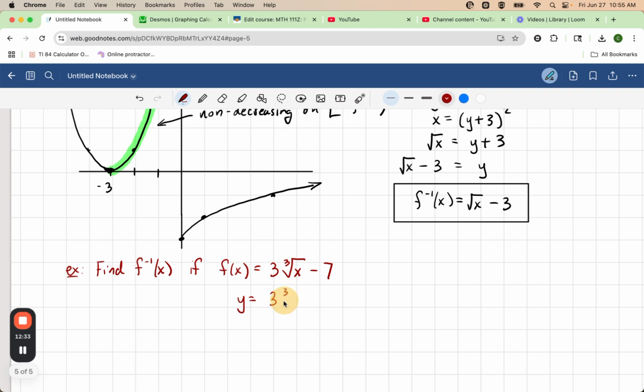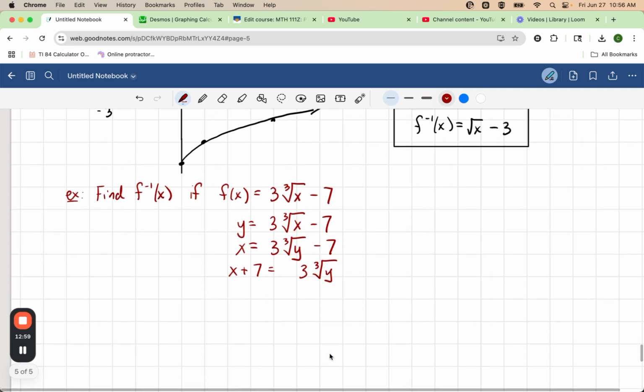So here we go, we got 3 cube root of x minus 7, that's y, switch x and y. Same exact process in all of these. And then solve for y, right? Solve for y. So I'm going to add 7 to both sides. So I get 3 cube root y equals x plus 7. And then I'm going to divide both sides by 3.